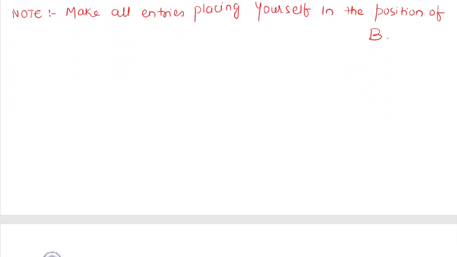Let us move ahead. Account current is prepared by three methods.